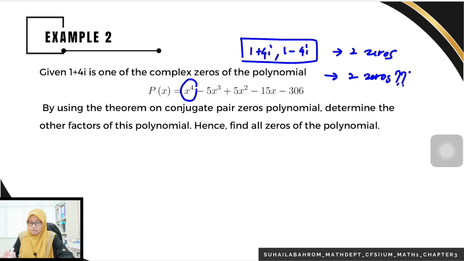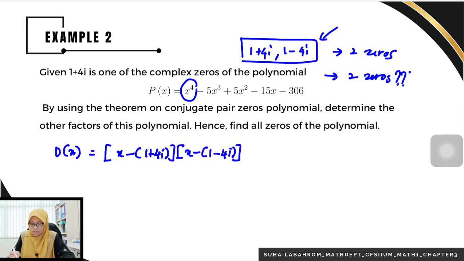Okay, with the two zeros given, we can make use of those complex zeros as a divisor of the polynomial, because we know each is a factor since it is a zero of the polynomial. Constructing that in terms of divisor, we get (x minus (1 plus 4i)) and (x minus (1 minus 4i)).